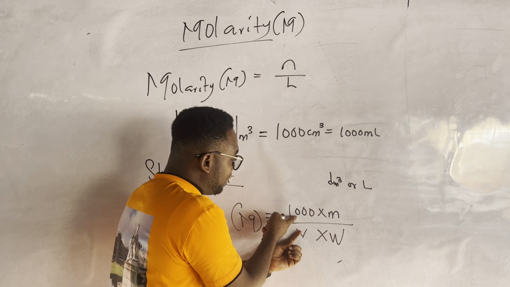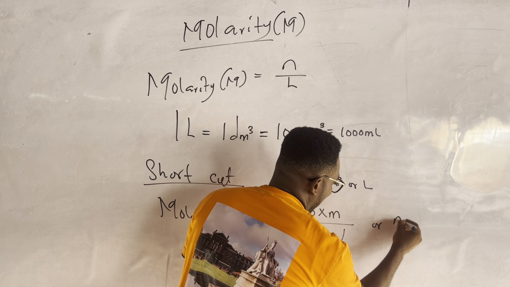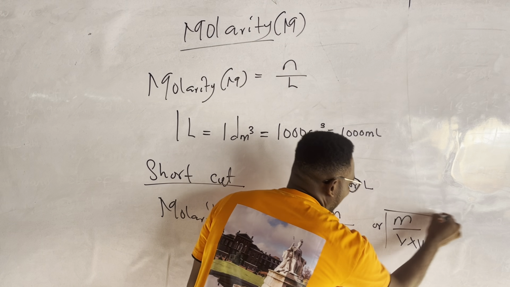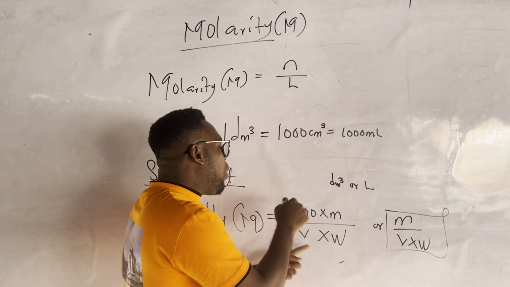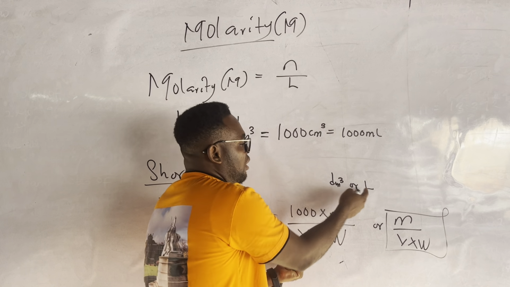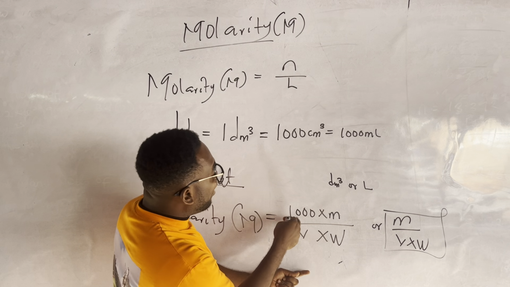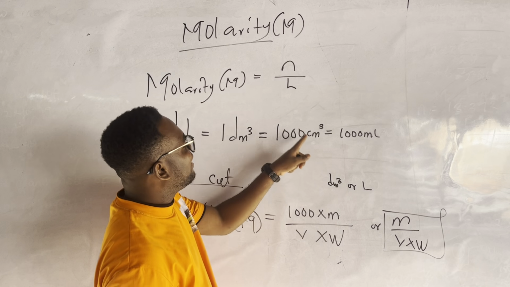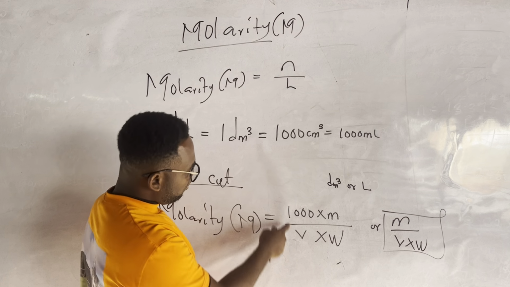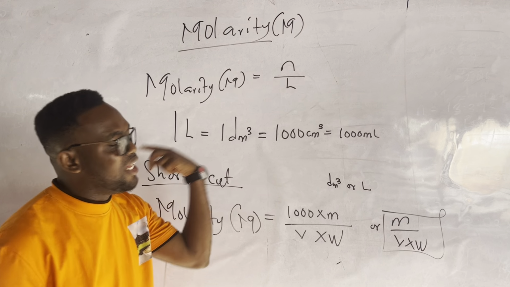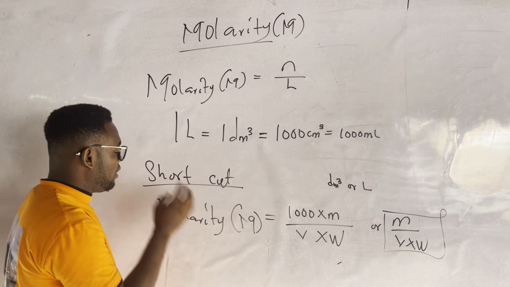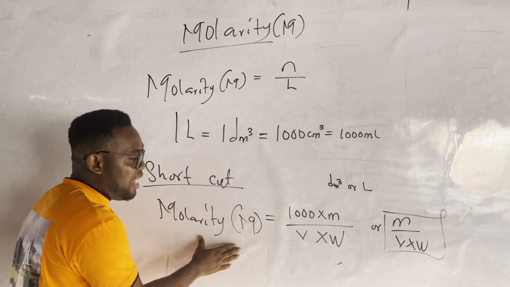The formula will now be m over V times W. That will give you molarity when the volume is in dm cube or liter. But you will leave the 1000 there if the volume is in cm cube or milliliter, because the 1000 is already there to convert that to dm cube. So this is the formula we use when we are solving questions on molarity.